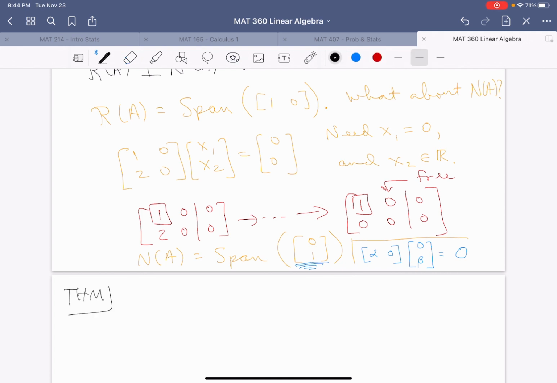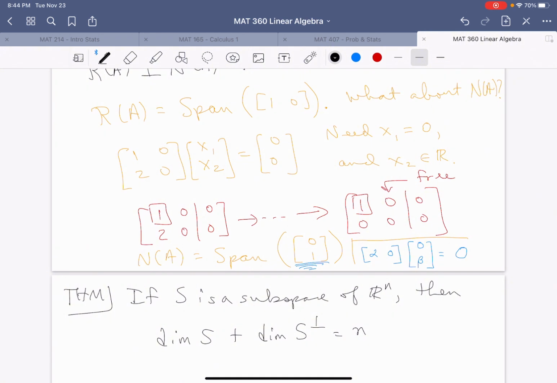If S is a subspace of Rn, then the dimension of S plus the dimension of its orthogonal complement is n.